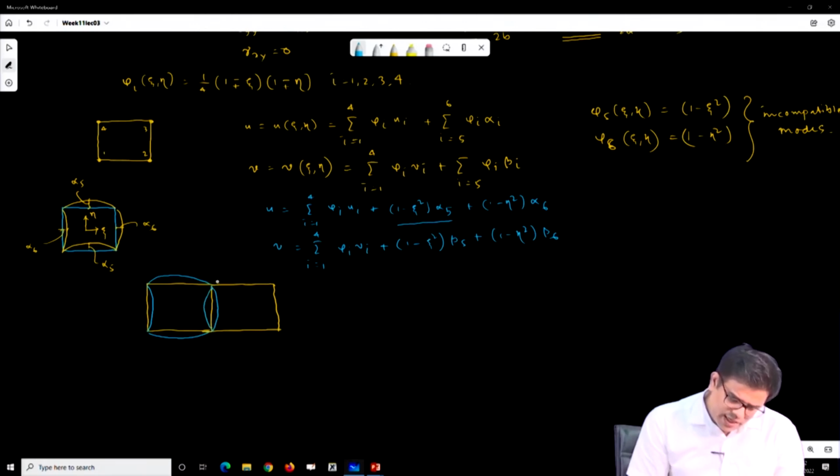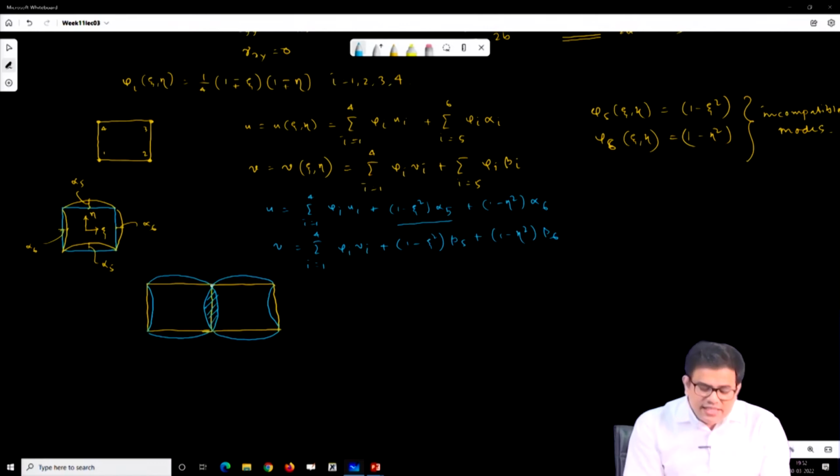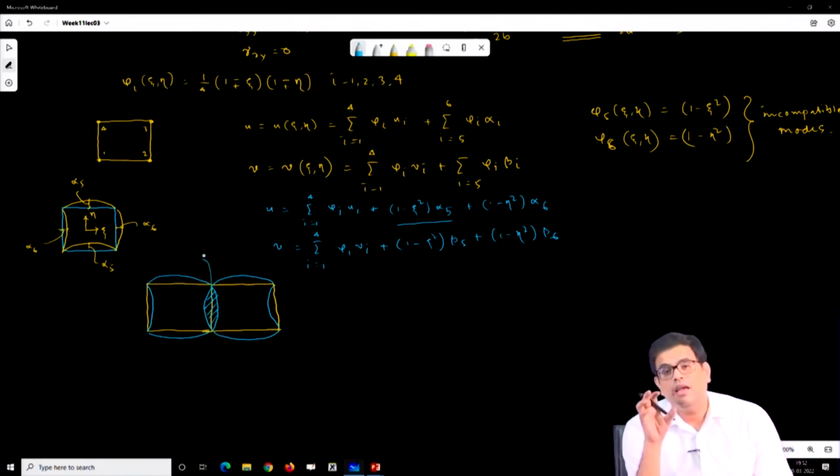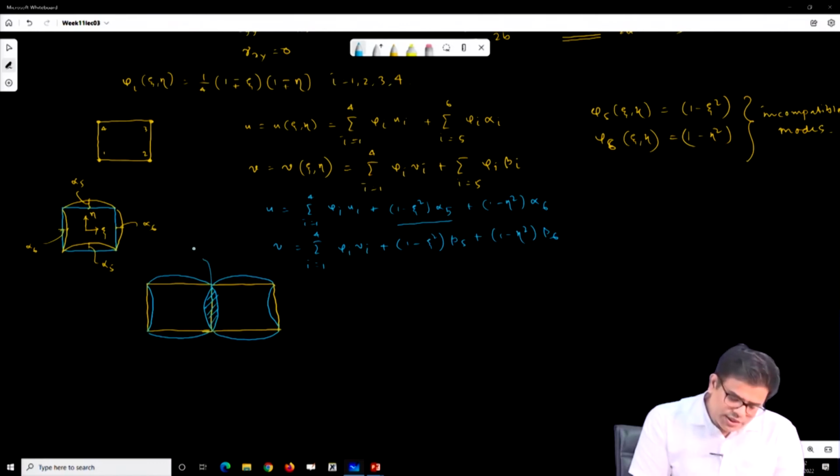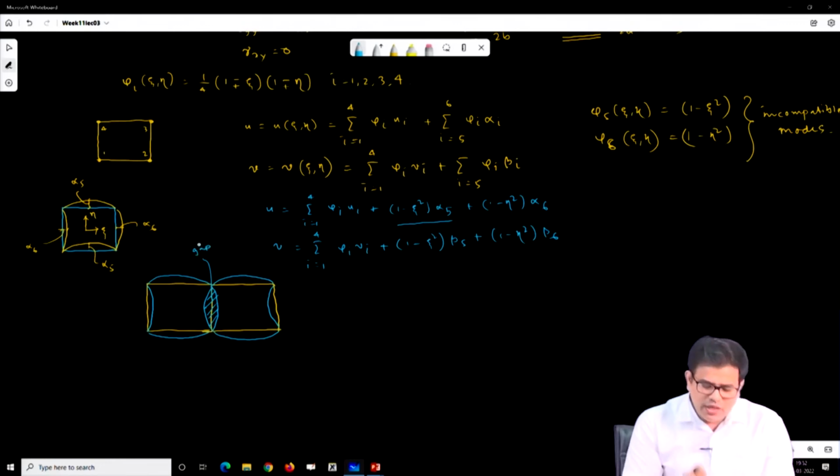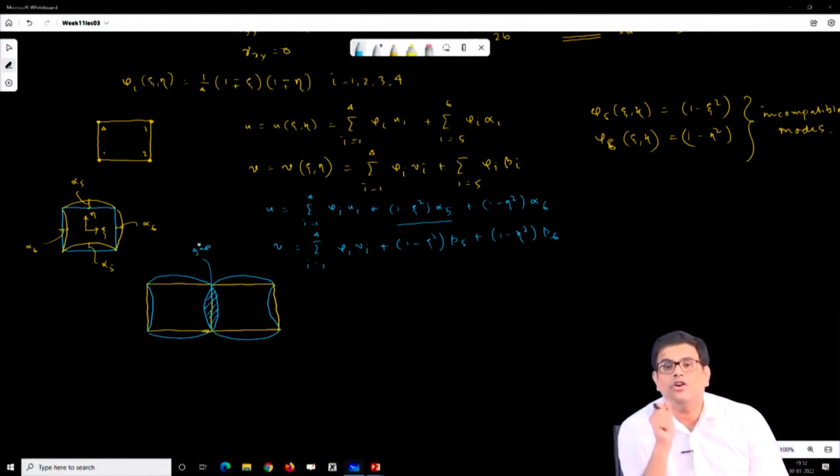So similarly, if I have this kind of activation, then what will happen? This will have an overlap or gap. So this is actually creating a gap or incompatibility.